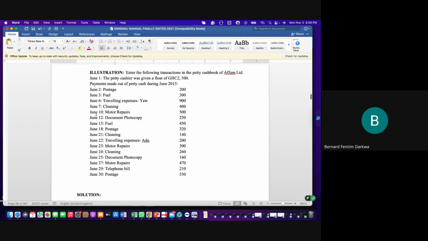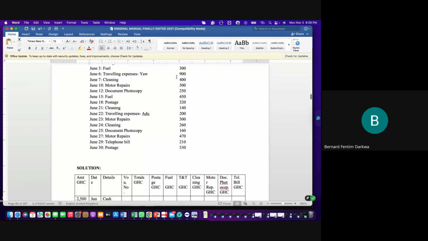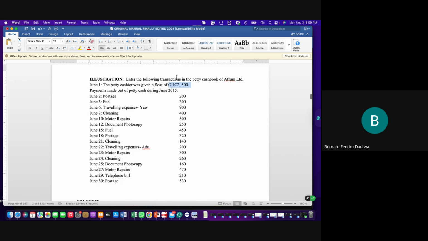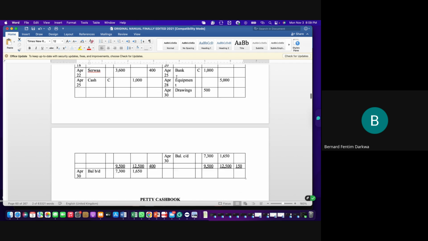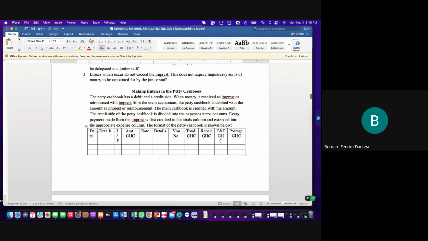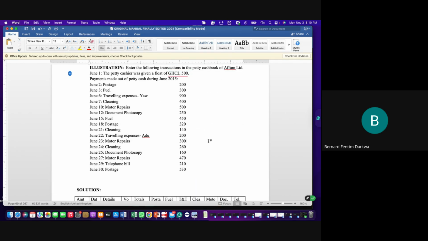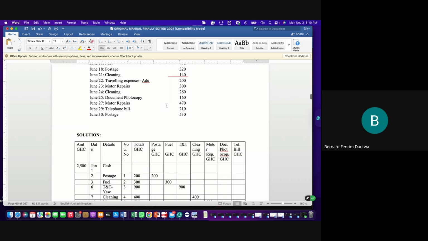For example, they will give what we call the float, the imprest. So the format is such that you create the expense headings and their totals.